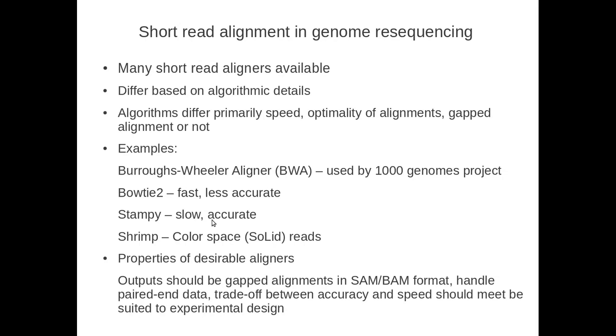Stampy, just one that I know of because colleagues use it for cases where you're looking for single mutations or something where you really need to find the absolute most optimal alignment. Shrimp is one that I know of that's used for SOLiD or color space data, which we won't be talking about in any detail in this class.